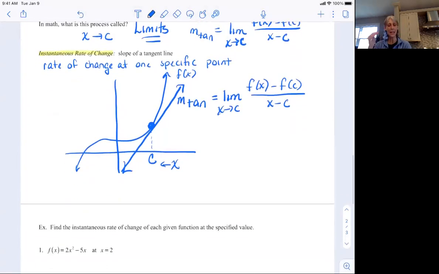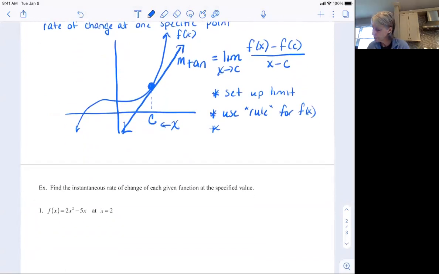Whenever we want to set up a tangent line, we set up our limit first, and then we use our given rule and the given x value, and then we evaluate.